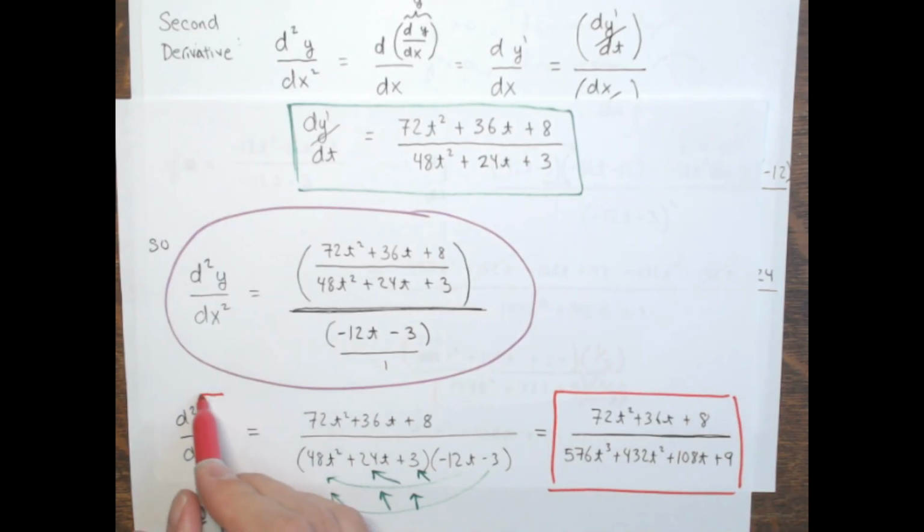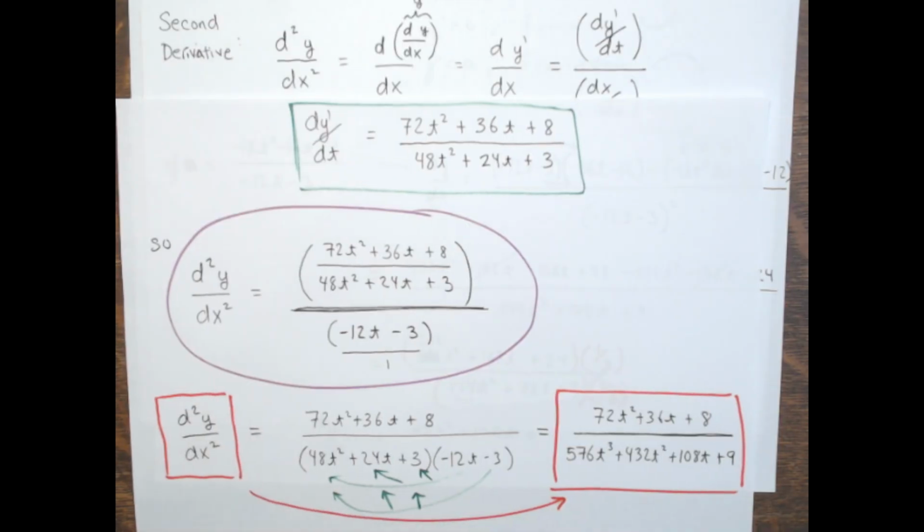I know that was quite a lot of algebra there, and the only reason there was so much is because of the degrees of the polynomials, but this is it. This expression in terms of t will tell you the concavity of the curve at any moment. You just need to know the value of t, the value of the parameter at that point.